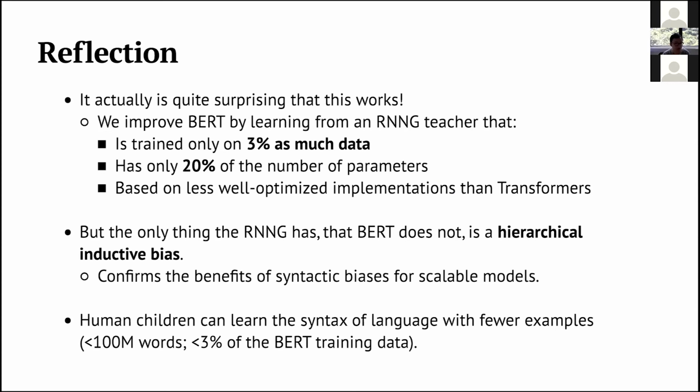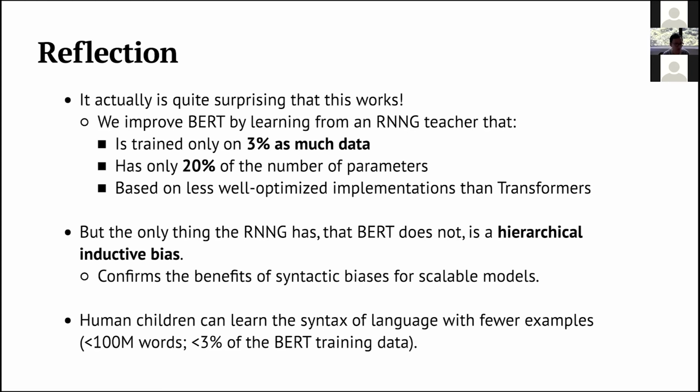It has these syntactic inductive biases inside it. It is also a less well optimized implementation than the transformers, but only because it has this hierarchical inductive bias, it actually helps the BERT student model to learn better. So we confirm the benefits of syntactic biases for large-scale models.